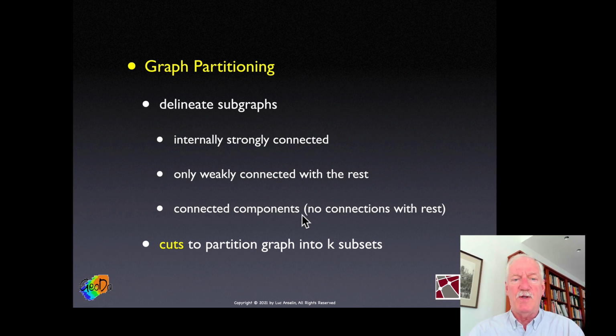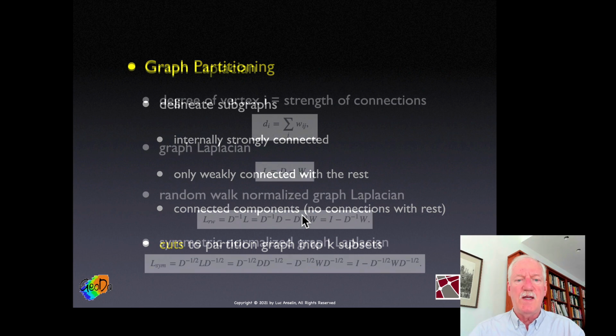And the way to think about this is, just as we would think of the block diagonal weights matrix as dividing the map into two, as dividing the graph into two, we will think of this process of spectral clustering as a graph partitioning process, where we will make k minus 1 cuts in the graph to have k subsets that are internally connected and only weakly connected between them. So that's the concept.